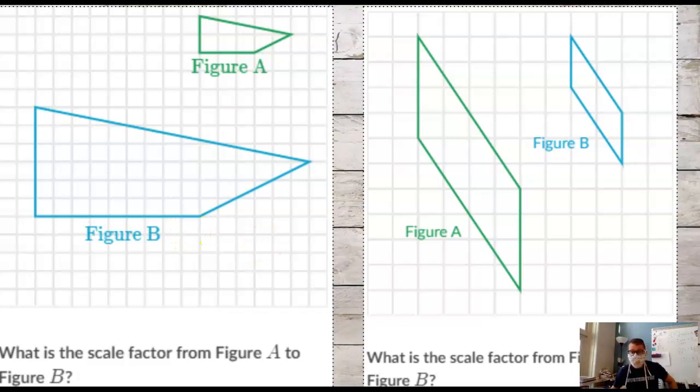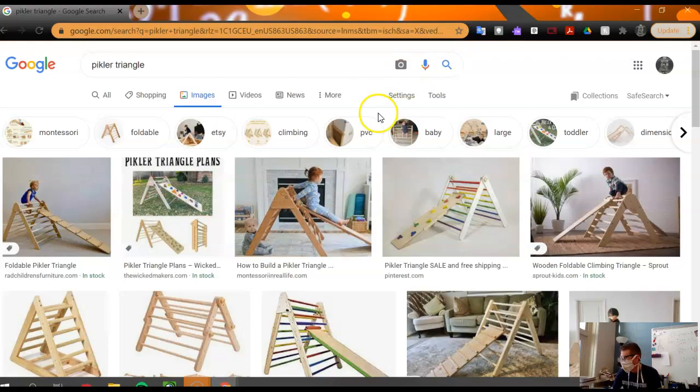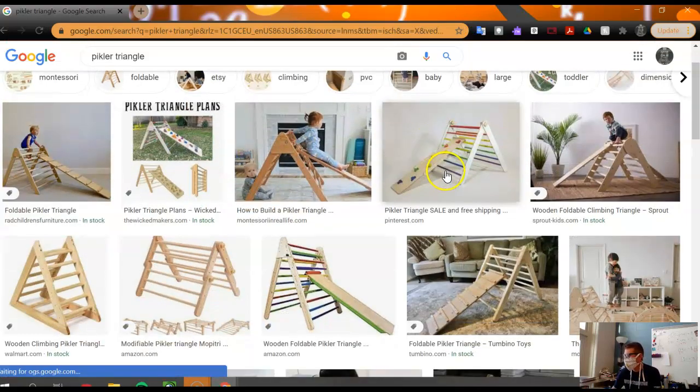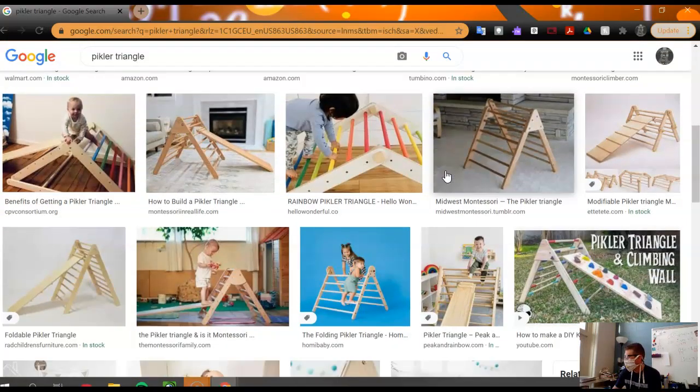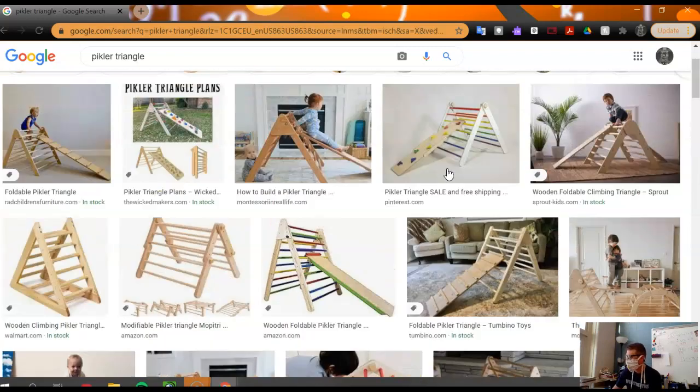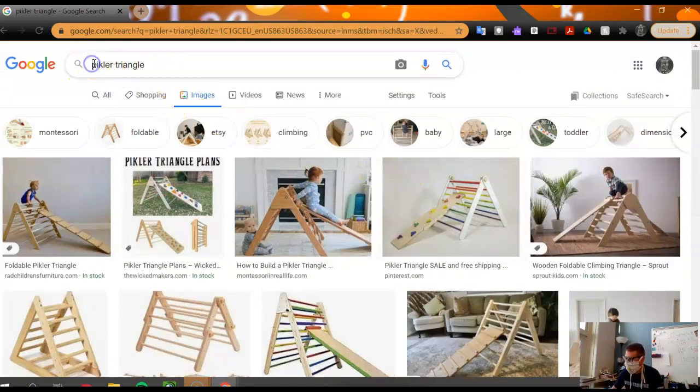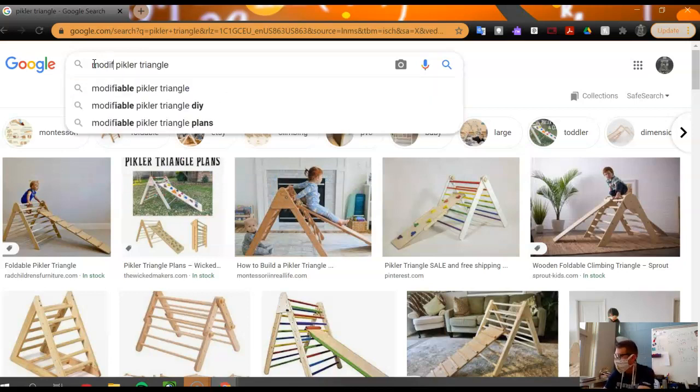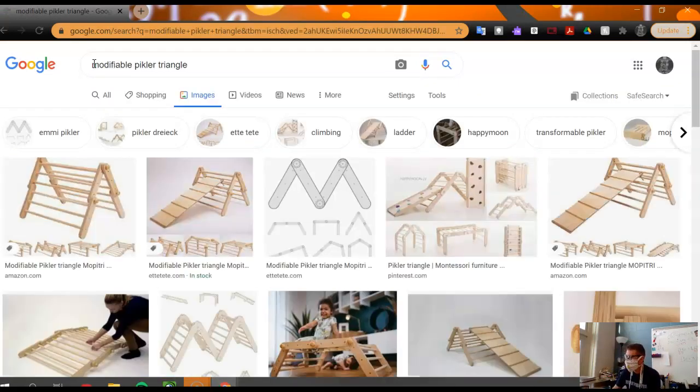Pickle triangle. So, this is what his wife wanted me to build, but then Mr. Cabillo was like, actually, could you build a modifiable pickler triangle?